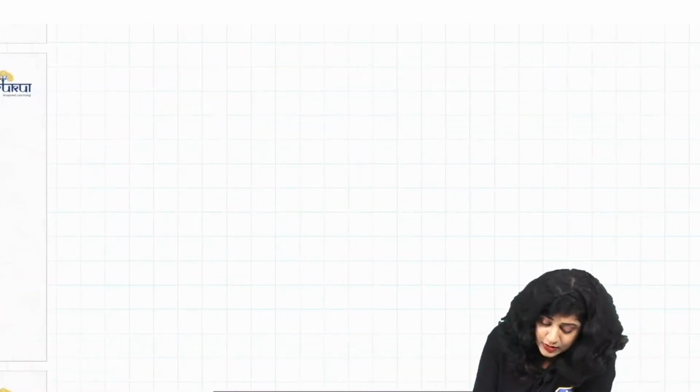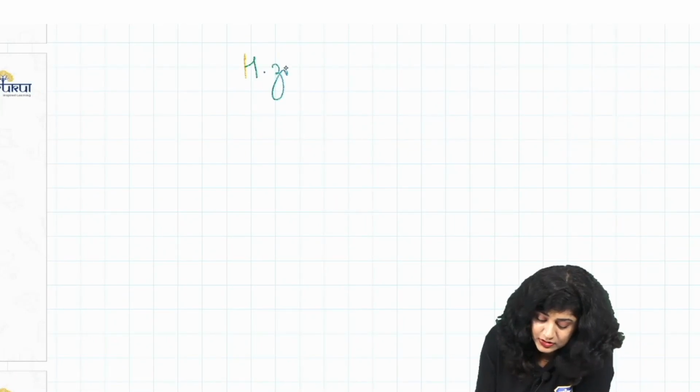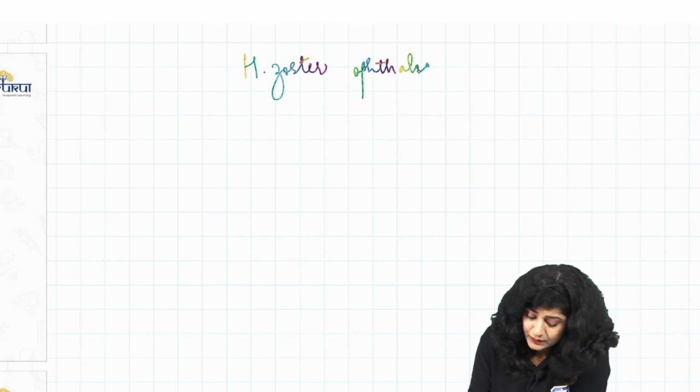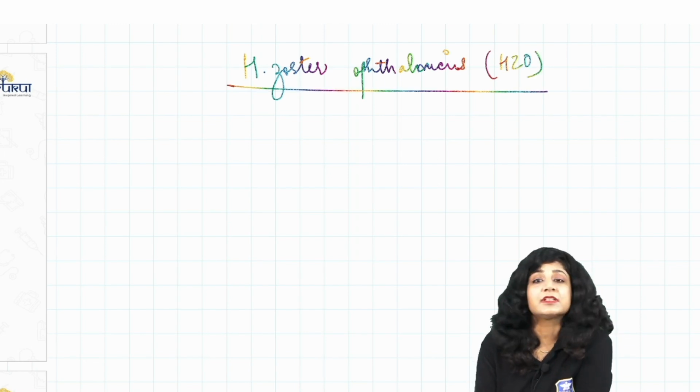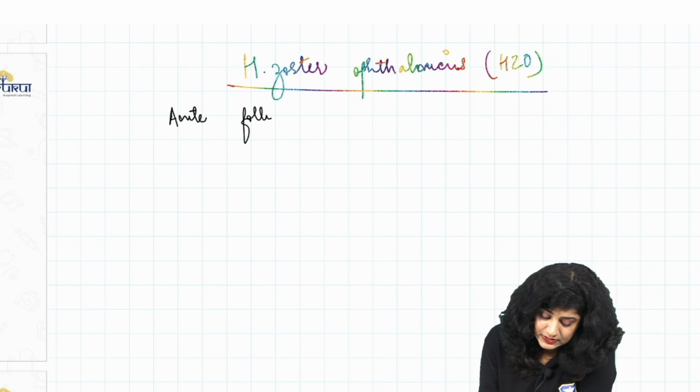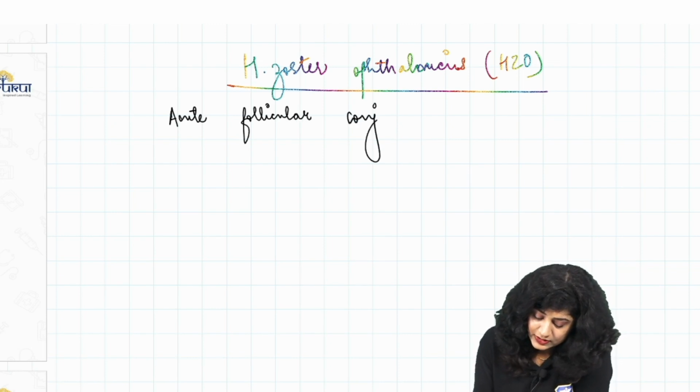Rather, if I talk about the herpes zoster, this leads to the typical herpes zoster ophthalmicus, and we all know that this is a separate entity. It is going to cause acute follicular conjunctivitis.